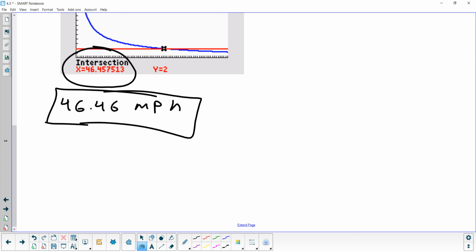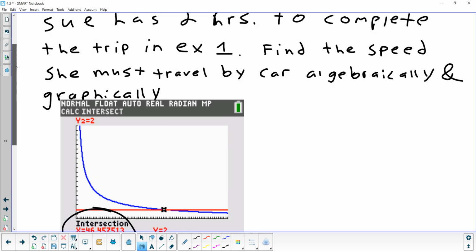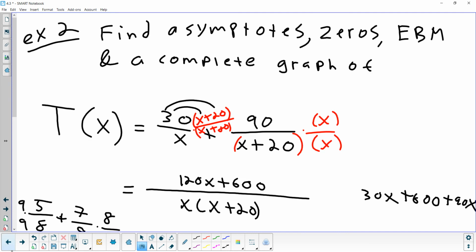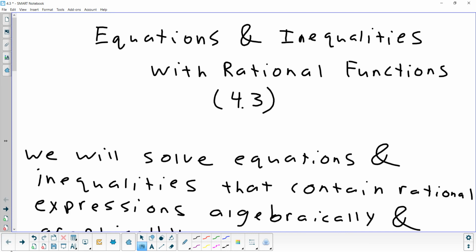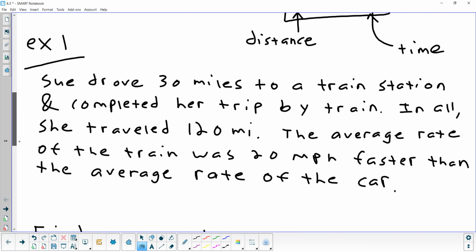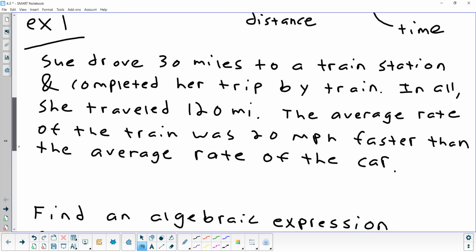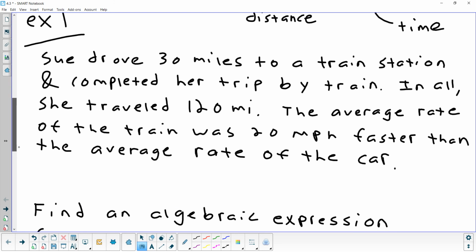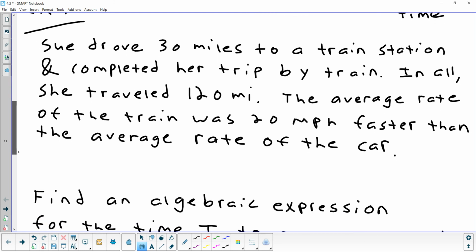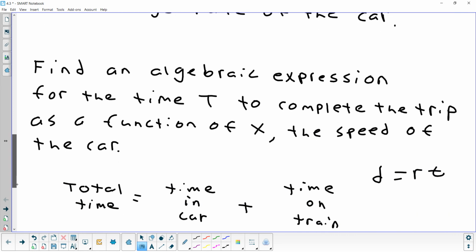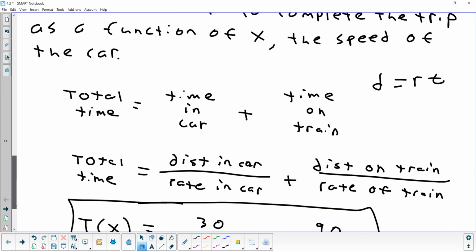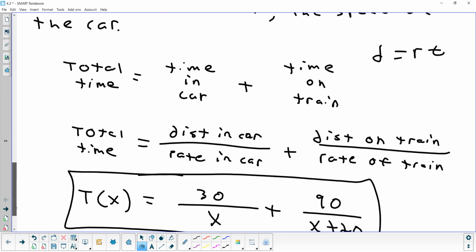Yeah? How can we be sure that the y-axis is in hours? Because of the speeds they gave us in the problem, let me double check. She traveled, so we know we've got miles, and the rate of the car.